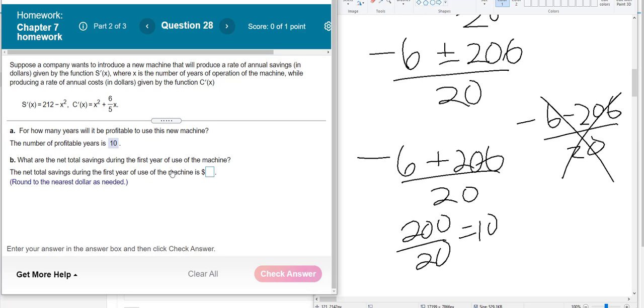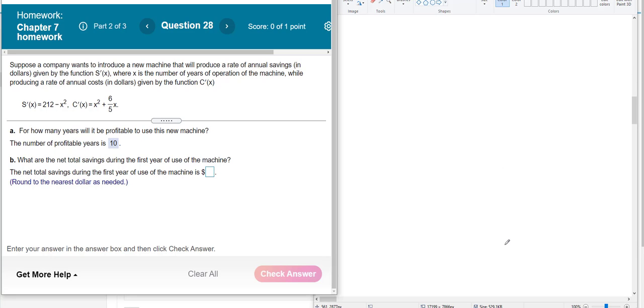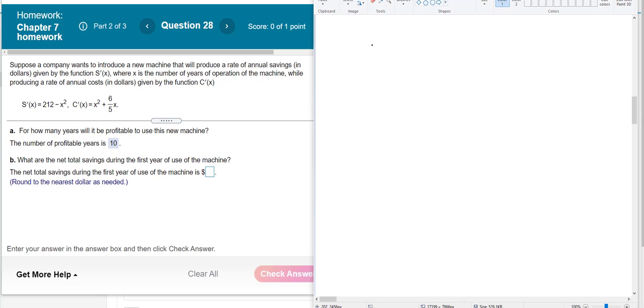Okay, now we want to know what are the net total savings during the first year of use of the machine. So we only want 1 year's worth of adding up all the savings. Now, before we know which function to put first, we really need to know which one is the higher one.